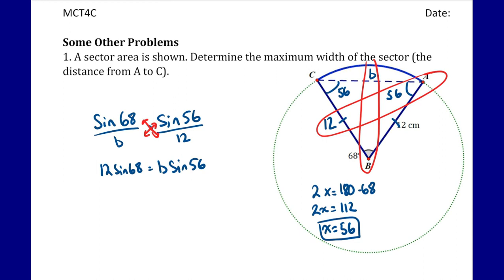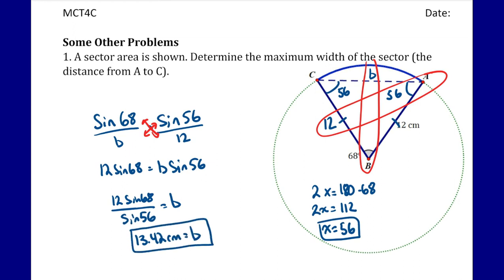Move the sine 56 over. We get 12 sine 68 divided by sine 56 equals b. This just becomes a calculation, and we get that the length between A and C is going to be 13.42 centimeters. So combining trig with a little bit of our circle geometry to find lengths.